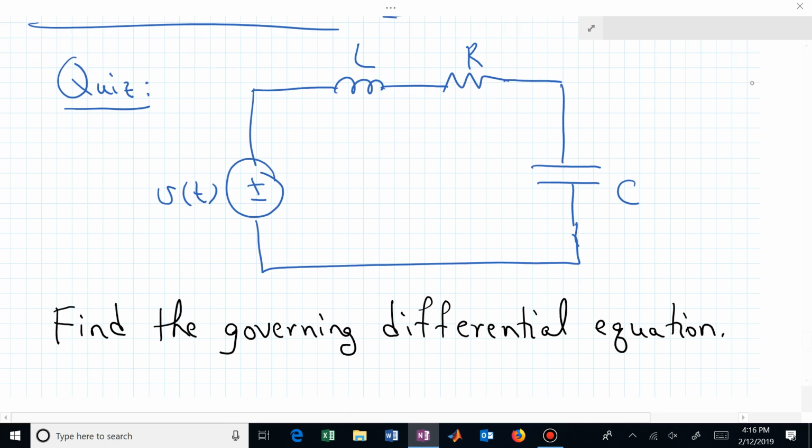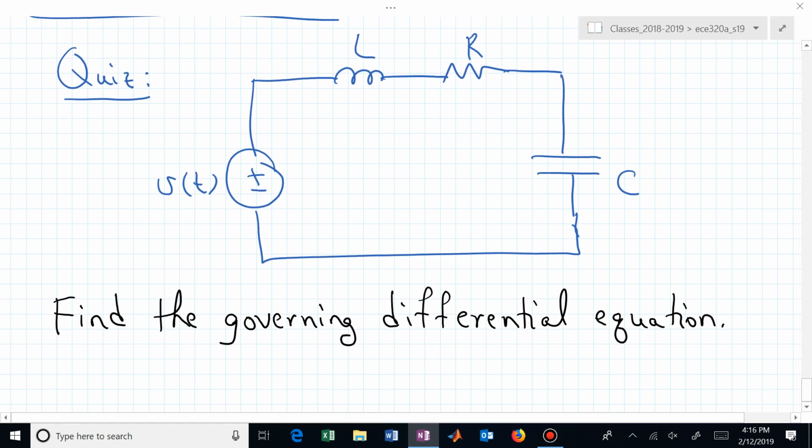Is there anything in that sketch of this circuit that helps inform our thinking about what it's going to look like? And maybe your interviewer just says, can you tell me what this might look like in a general mathematics class? Give me a generic differential equation that we will eventually be able to show is associated with this circuit.